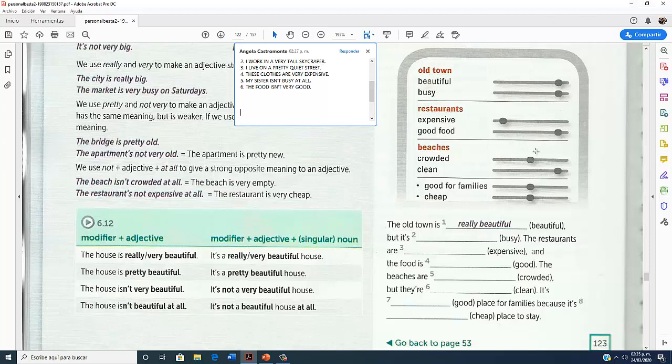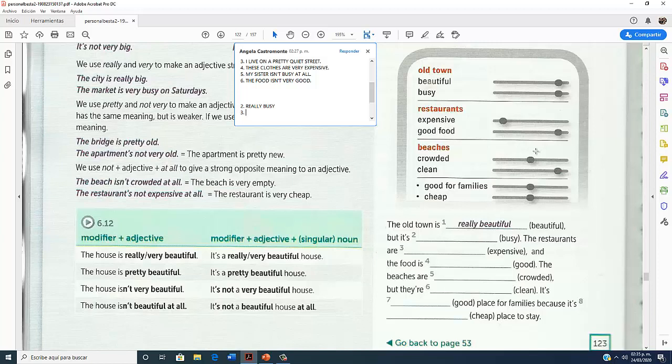Number 1, the old town is really beautiful. Yes, it's really beautiful. But it's really busy as well. It's really busy.